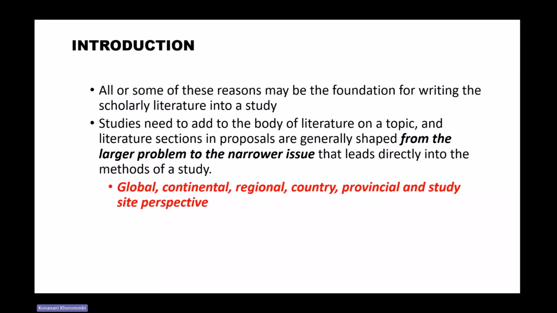I also consulted literature continentally, such as in Africa, and then regionally, such as in the SADC, and then countrywide, in South Africa, provincial-wide, such as in Limpopo or Gauteng, and the study side perspective, such as the specific area where the study was conducted. So this is what you will do when you're studying your literature. You will look at the entire perspective, from the global to the specific, or from the global to the local. The local is where the study is being undertaken. Here I've written study side perspective.